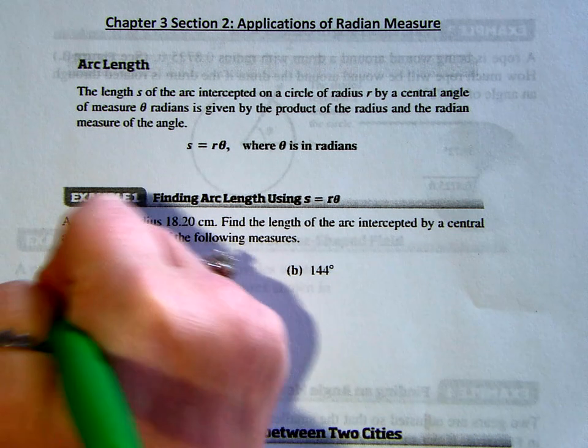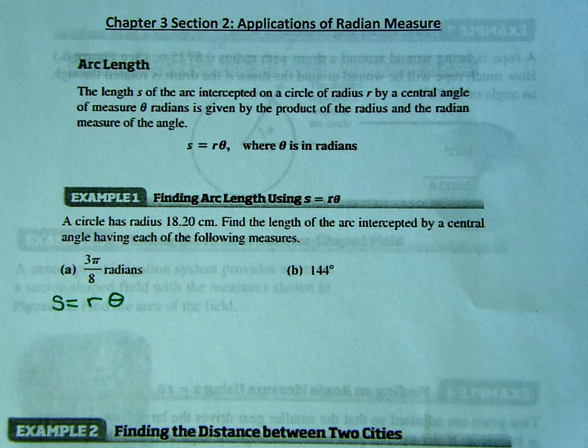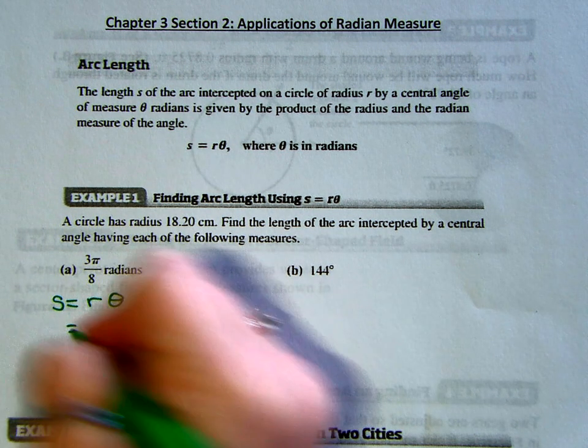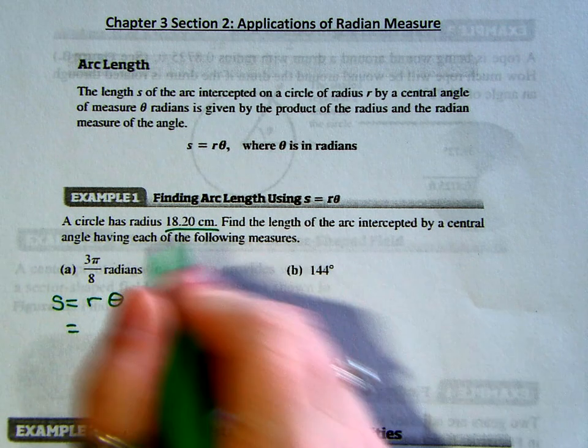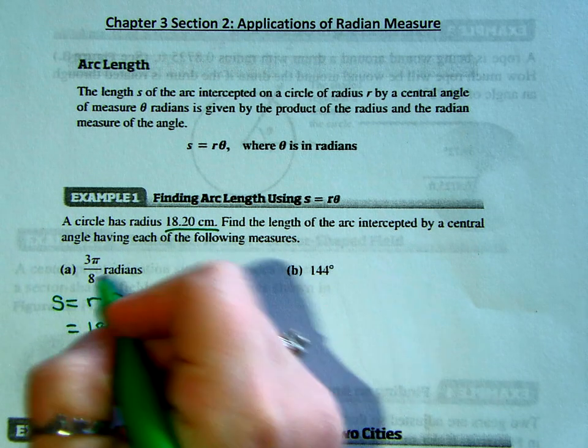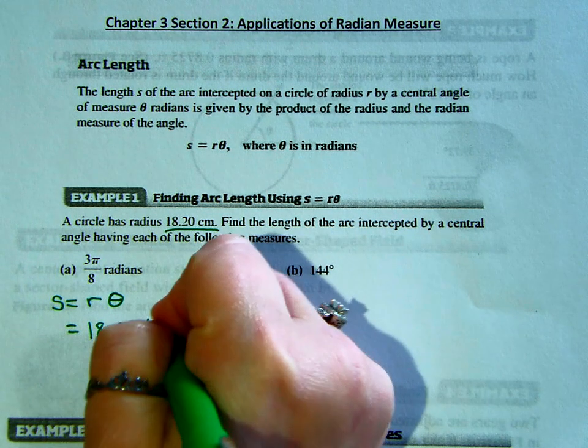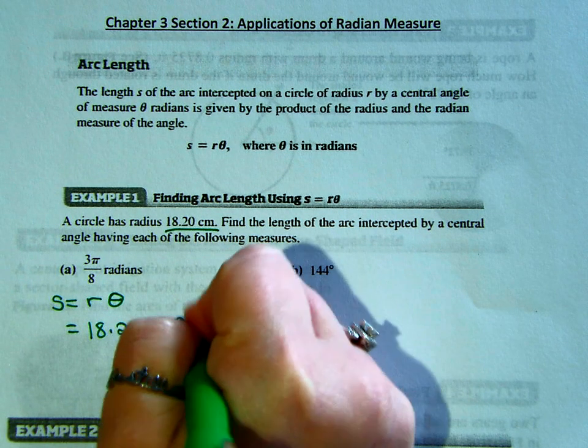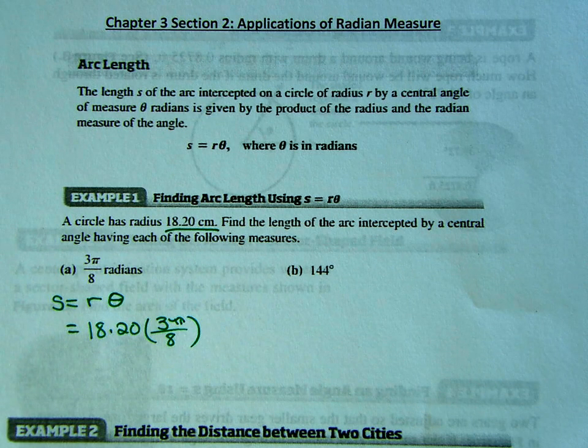So it's really as simple. Arc length equals the radius times theta, as long as theta is in radians. Well, the radius, they told us, is 18.20 centimeters, and the theta is 3 pi over 8. Because these are word problems and because it gave you a decimal to get started with, you're going to be giving a decimal back out.